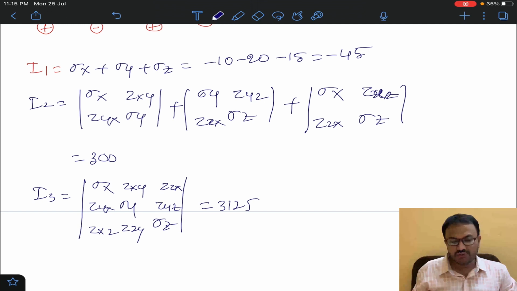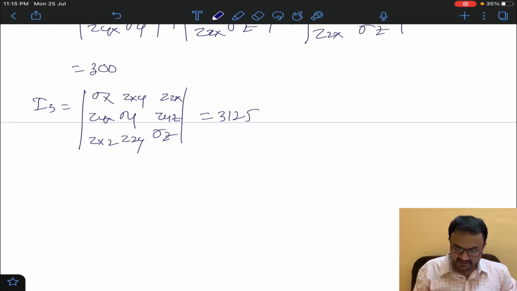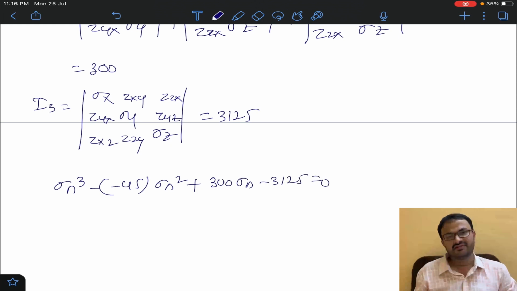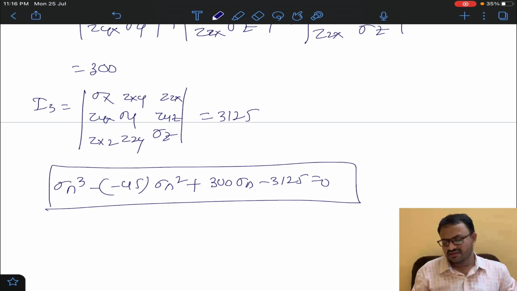So substitute all these values into the cubic equation: sigma n cube minus I1, which is minus 45, so minus of minus 45, sigma n square plus 300 sigma n minus 3125 is equal to 0. You can solve this by using a calculator.